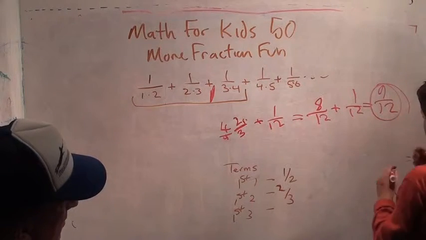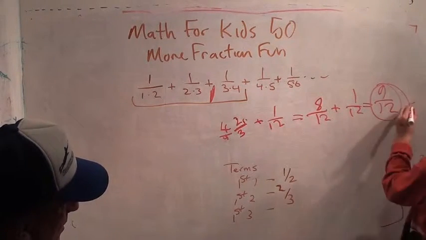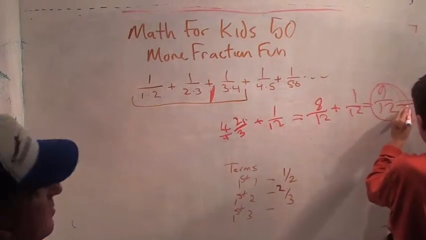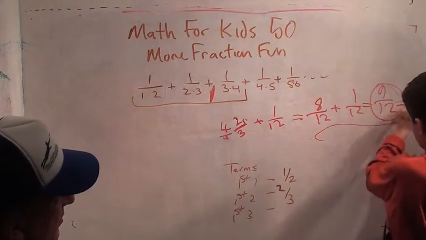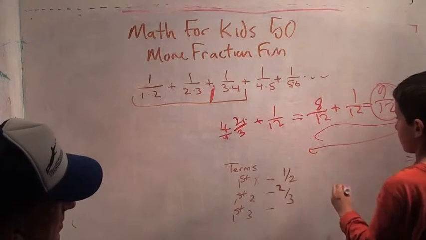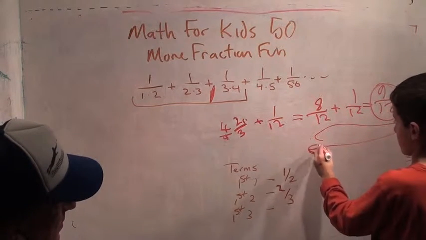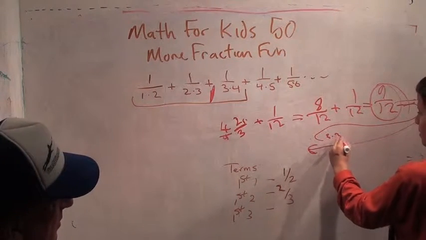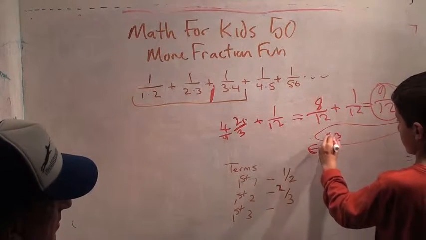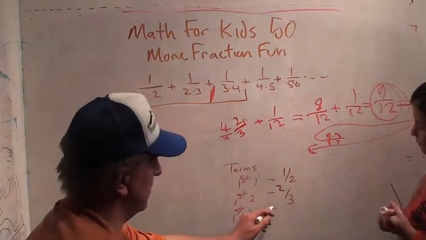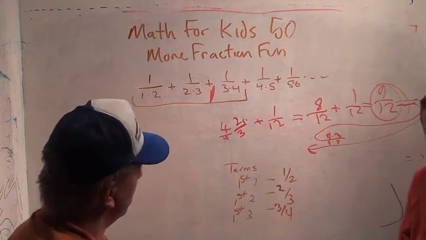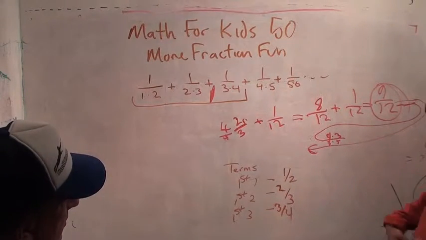And that can be simplified: 3 times 3 over 3 times 4, which is 3/4. So the first three terms equal 3/4.